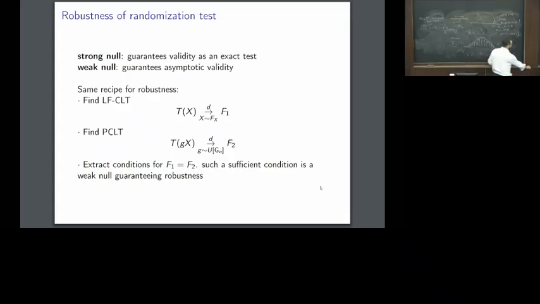So, belaboring the point one last time, because it's really key. My histogram of permuted test statistic is going to go via the PCLT to some normal, and my test statistic, with its usual resampling distribution, is going to go according to the Lindeberg-Feller CLT to some normal, and we want to ask, are they the same?